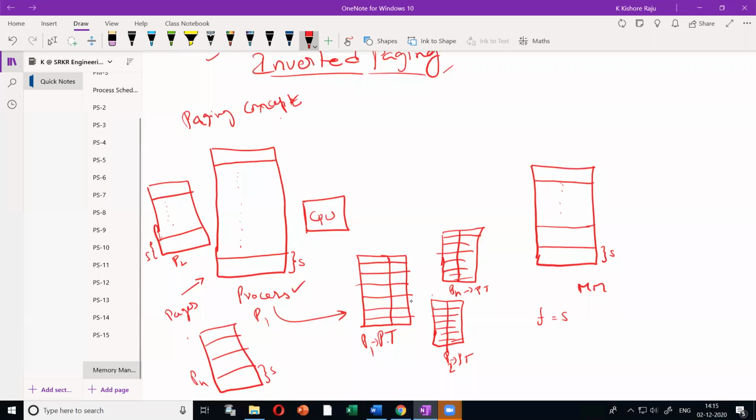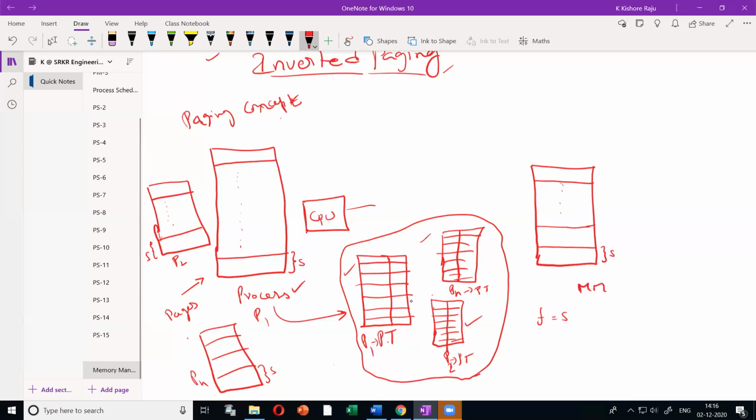The process is divided into pages, and however many processes there are, all are divided into pages, and every process has its own page table. All the page tables are maintained in the main memory, or in dedicated registers, or in the translation lookaside buffer, TLB.